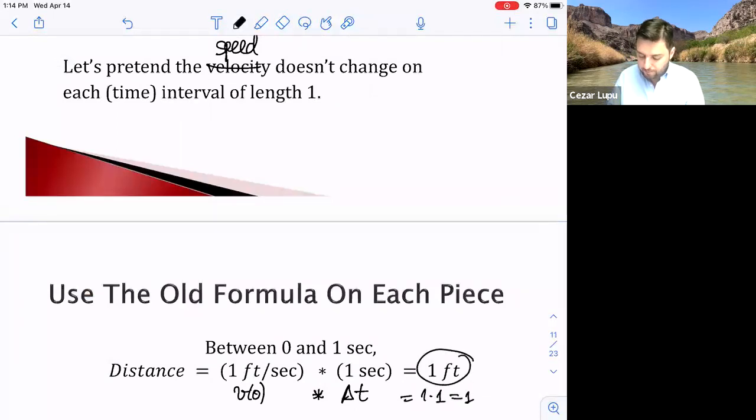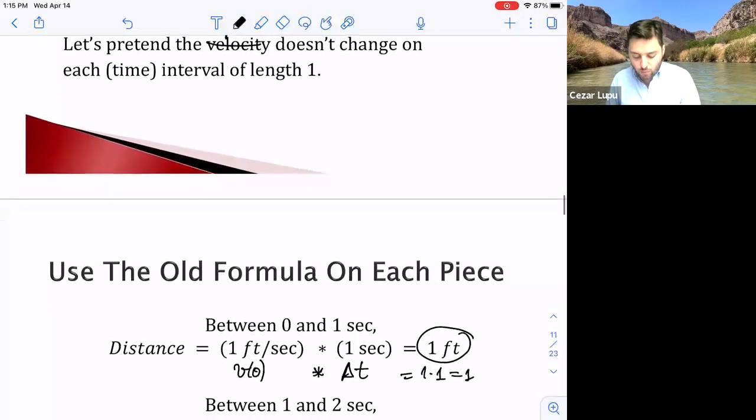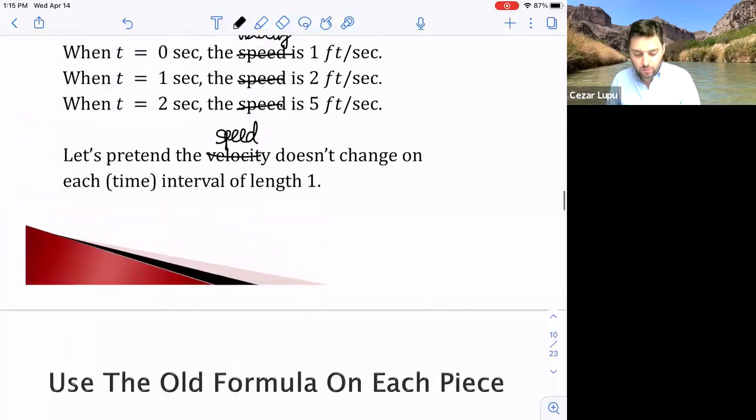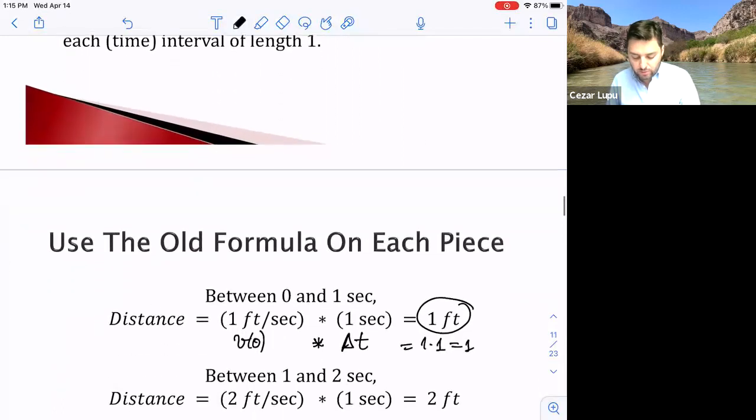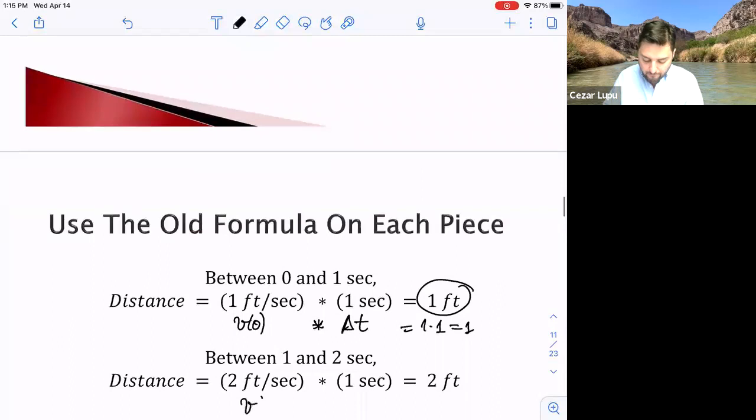And you see it here. Then between 1 and 2 seconds, v of 1 was 2, so v of 1 times, again, delta t, which is constant, so this will be 2 times 1, which is 2, and you find it here.